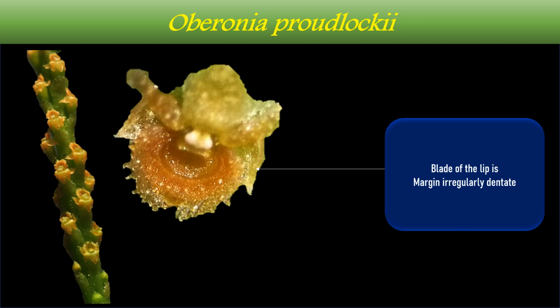In many Oberonia species some have a dented lip and some don't, so this is a very distinct character from which you can identify which species it belongs to.